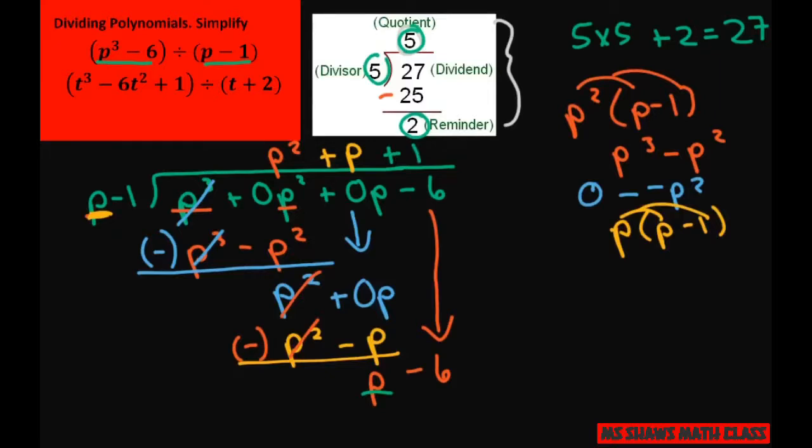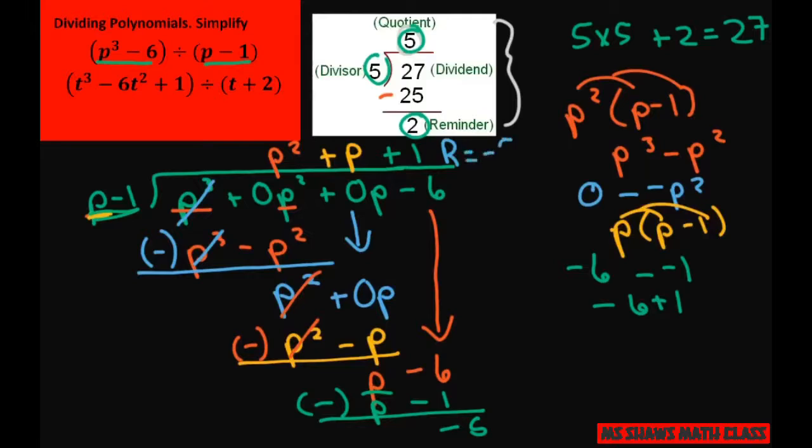So 1 times p is p, 1 times -1, so you're just copying this down. Subtract, and you're going to get -5, because -6 minus a -1 is -6 plus 1, which gives me -5. So our remainder is -5.